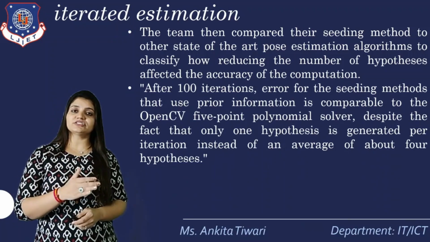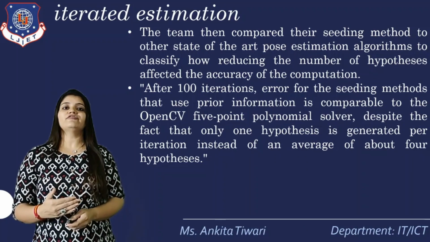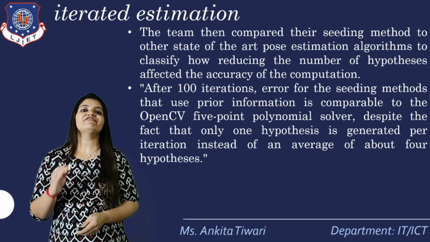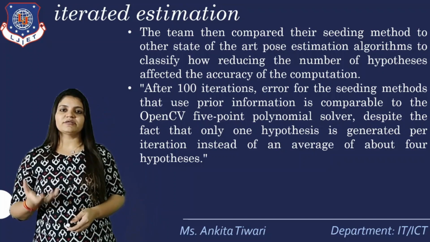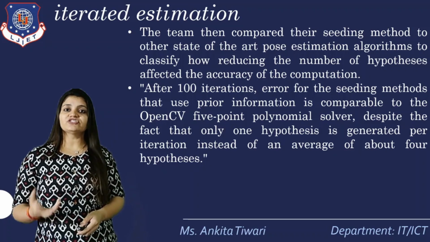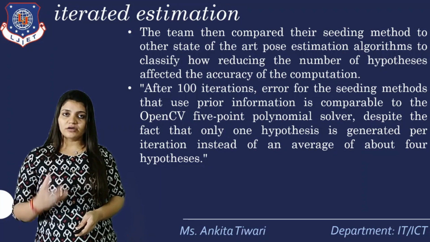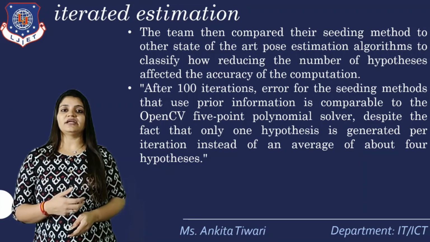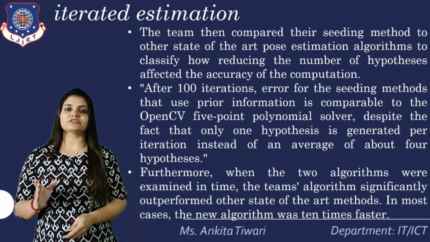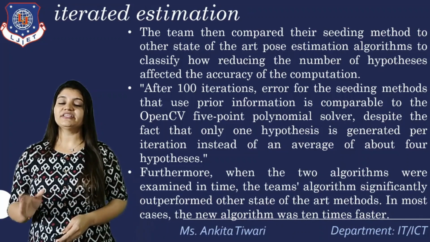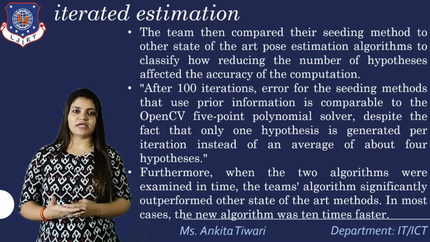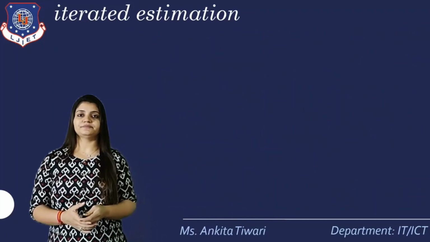After 100 iterations, the error for the seeding method that uses the prior information is comparable to the OpenCV 5-point polynomial solver, which is a predefined software for equation solving, despite the fact that only one hypothesis is generated per iteration instead of an average of 4 hypotheses. Furthermore, when the two algorithms were examined in terms of time, the team's algorithm significantly outperformed the other state-of-the-art methods, and in most cases it was 10 times faster.